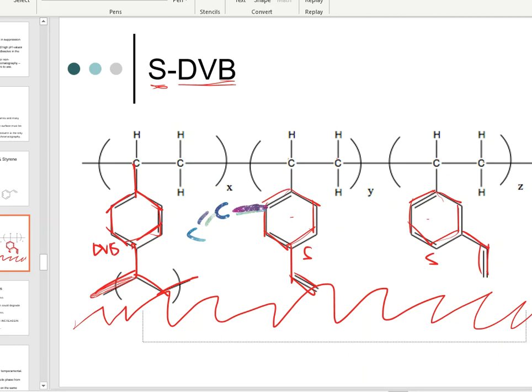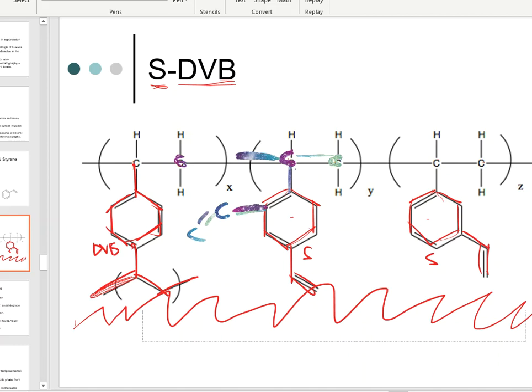Some people would also look at this benzene ring and they would see this carbon that's going to be there, and they would say, well, maybe that was a double bond at one point, but this double bond was broken to allow that carbon connection, and this opened up a carbon bond over here that could relate to another one. So there's another instance where the DVB structure could have been modified and changed a little bit to make this system work.